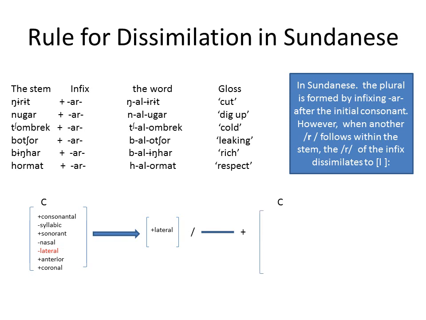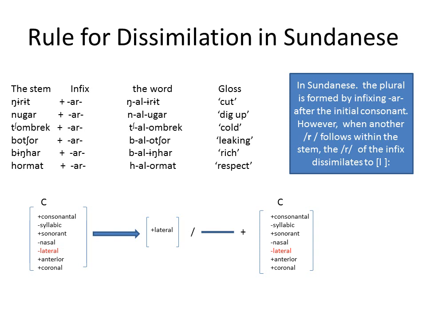That is to say, R of the stem consonant, that is plus consonantal, minus syllabic, plus sonorant, minus nasal, minus lateral, plus anterior, plus coronal. And then this is the phonological rule for dissimilation in Sundanese. Look, the underlying representation of the sound that receives the change has minus lateral feature.